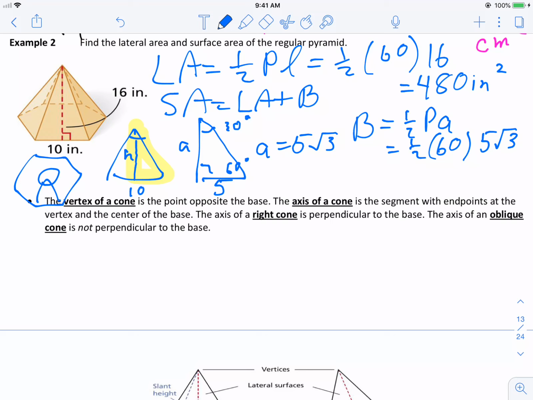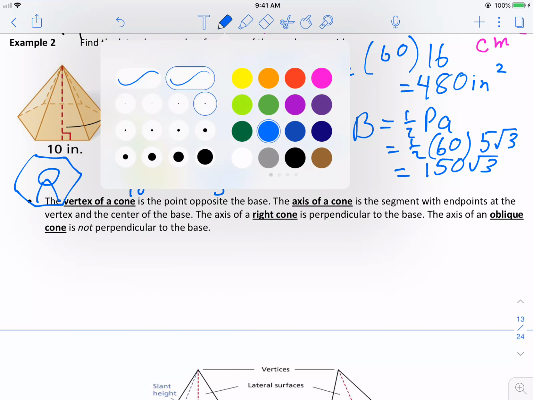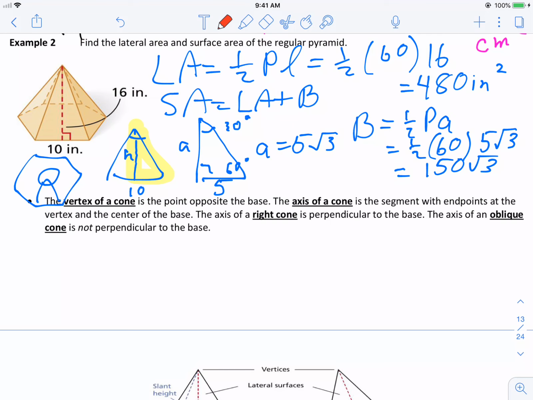We can multiply these together. For right now, let's leave this in radical form, and then when we get our final answer, we'll go ahead and round that. So we have half of 60 is 30. 30 times 5, we know, is 150. So this base area is going to be 150√3.